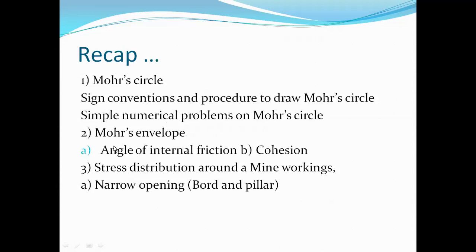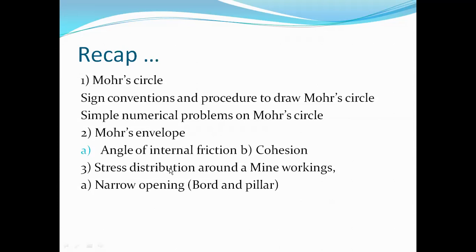Next, we also discussed the Mohr envelope. The Mohr envelope is what we get when we draw a series of Mohr circles under different conditions and draw a common tangent to all the circles. That common tangent to all the Mohr circles under various conditions is known as the Mohr envelope.